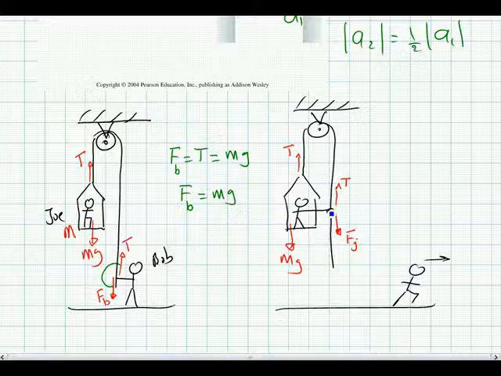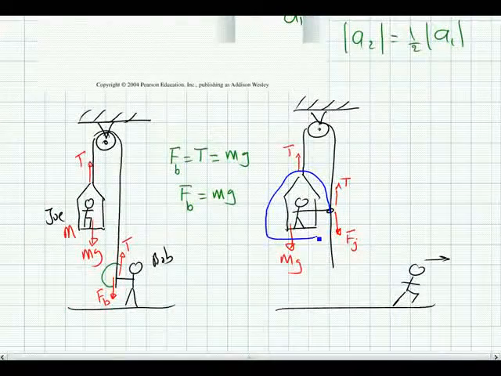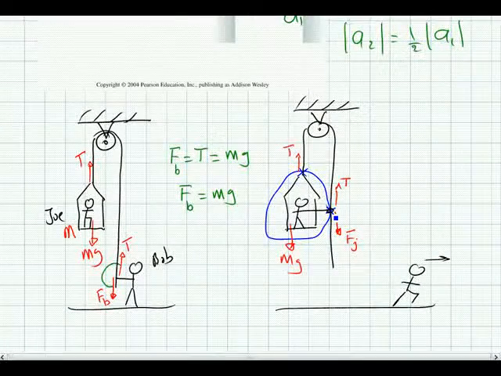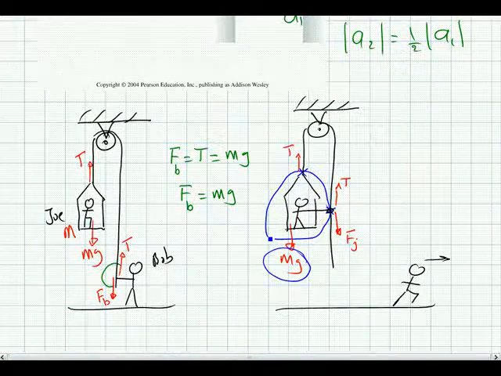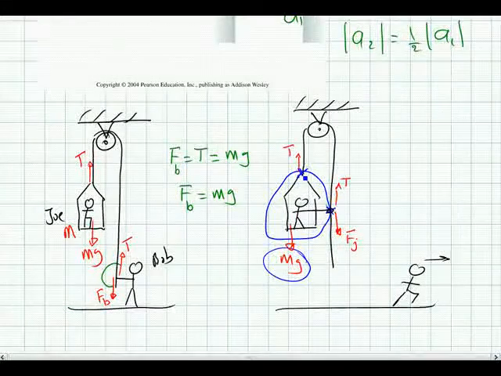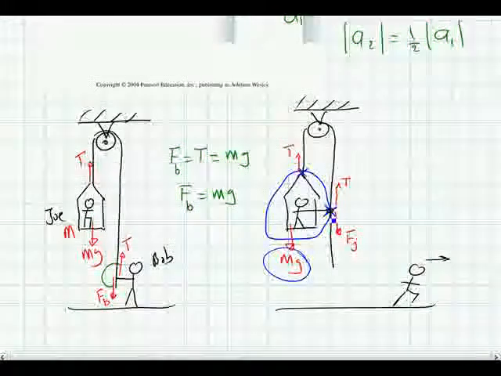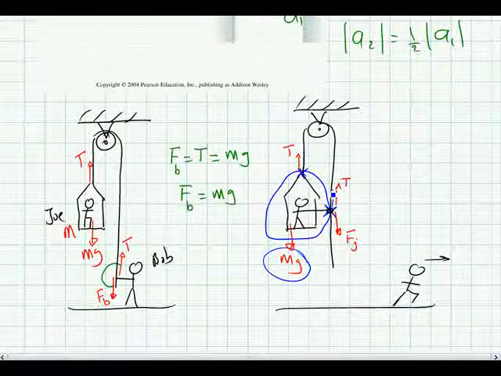So let's see what the value of the force that Joe needs to apply to the rope is. Well, let's go back to our chapter 1, chapter 2, where we drew a boundary around our object, identified the contact points, and identified the long-range force. The long-range force, of course, is mg. Our contact points, there's one contact point there, another one right there. At each contact point, identify the agent, the rope.